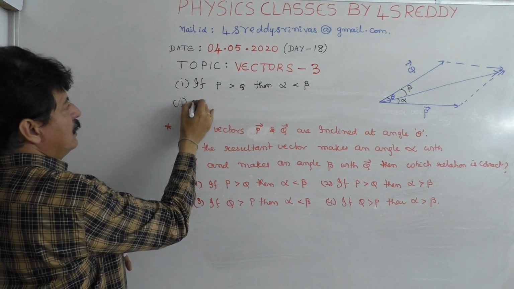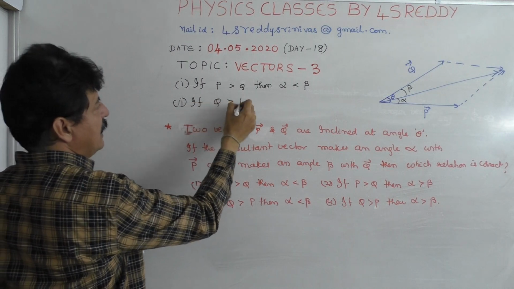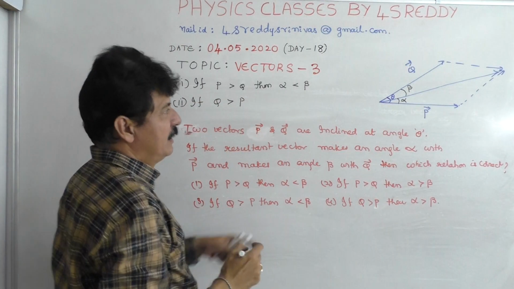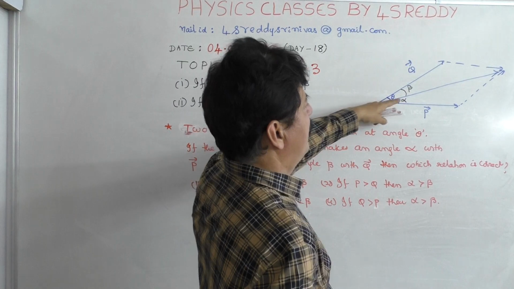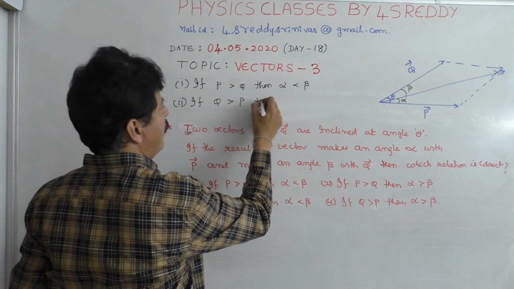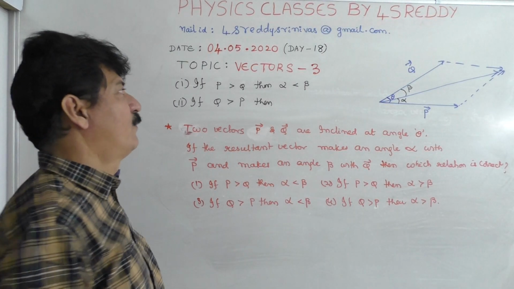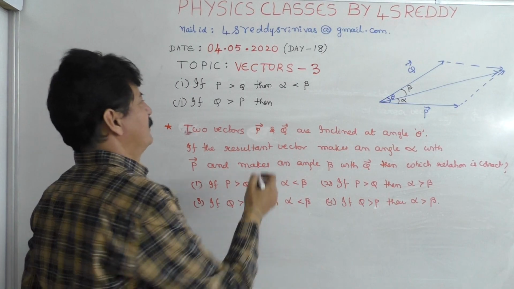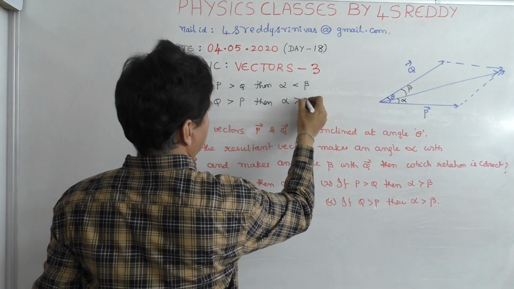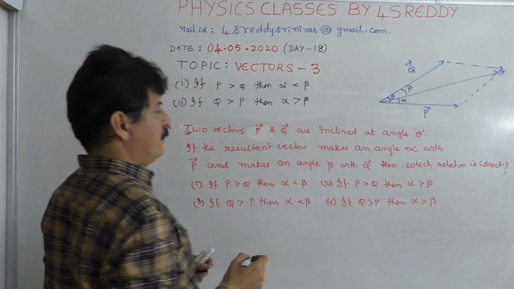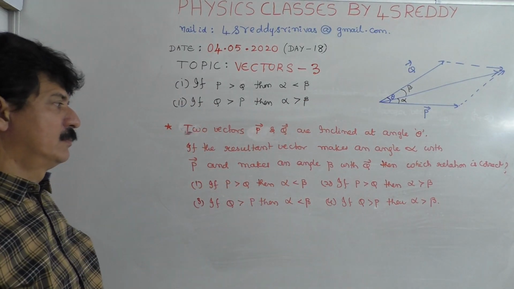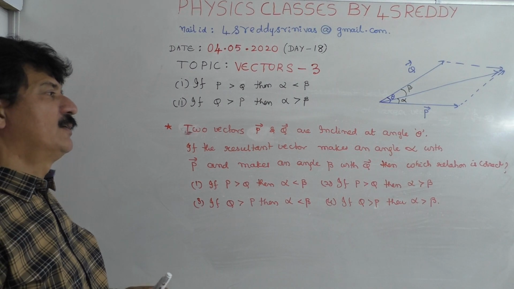Suppose if Q is greater than P, automatically what happened? Then alpha is greater than beta. This is what you are going to get.